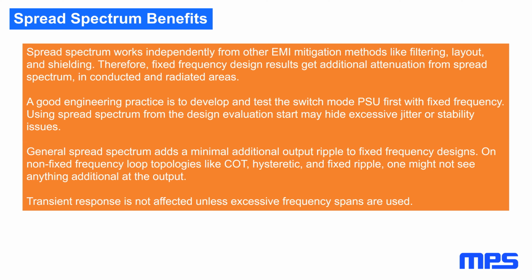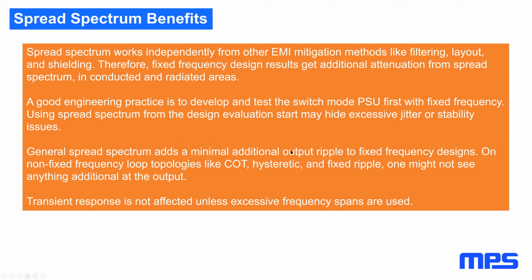So I recommend, if you troubleshoot a power supply, set it to fixed frequency, make your necessary measurements on step loads and these things, and check that the switching frequency and duty cycle are nice and stable. If that's all done, then change it to spread spectrum, because spread spectrum can hide initial instabilities of your loop. So it's always good to have a means to switch off the spread spectrum.